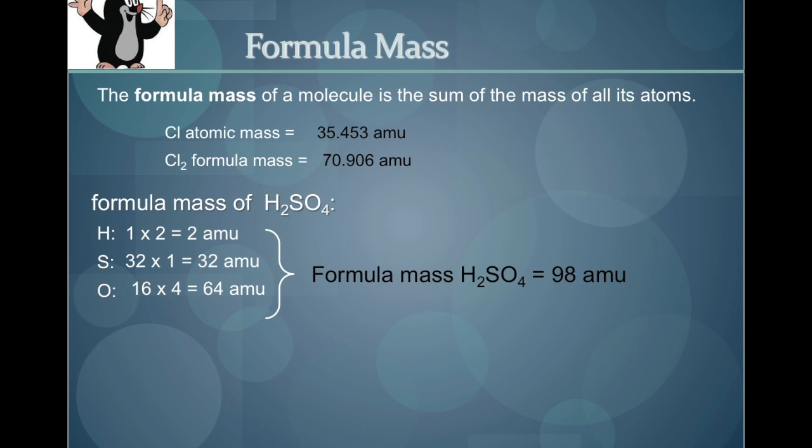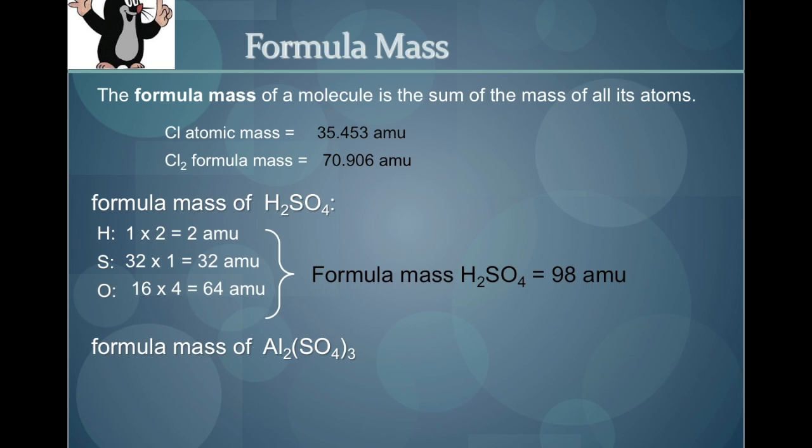And so let's do this for another compound that's got aluminum. Okay, now let's determine the formula mass of Al2(SO4)3. So this has got a sulfate ion. The SO4 is sulfate, but it's got aluminum instead of hydrogen.